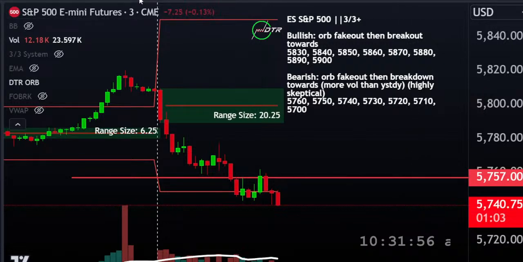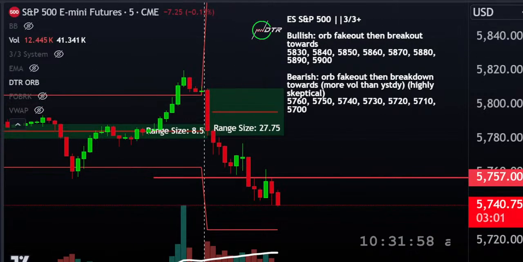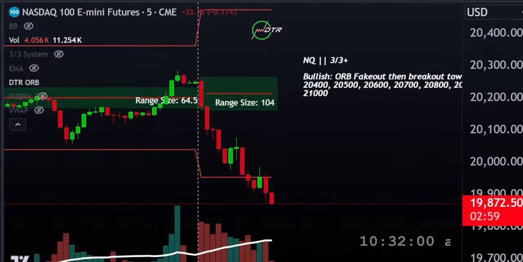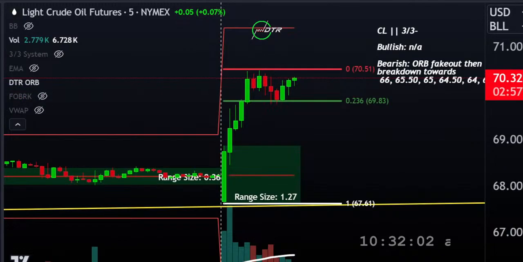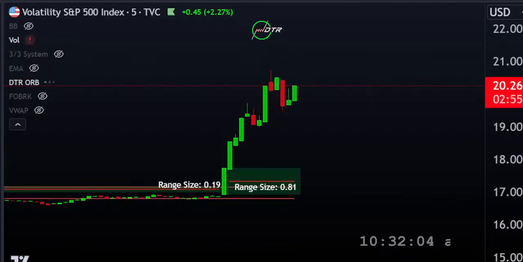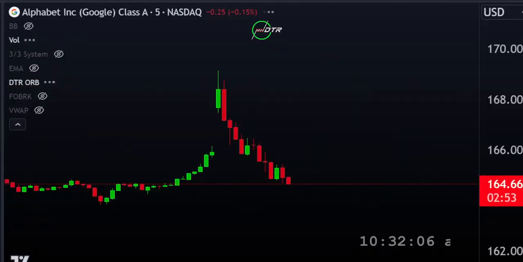Okay, new lower lows. And VIX is a bouncy boy today.